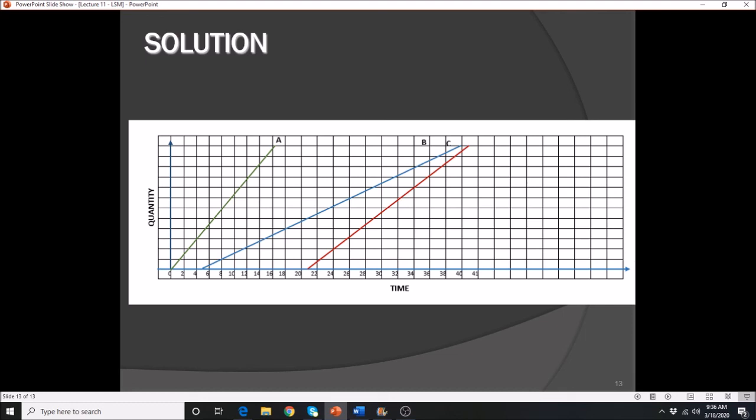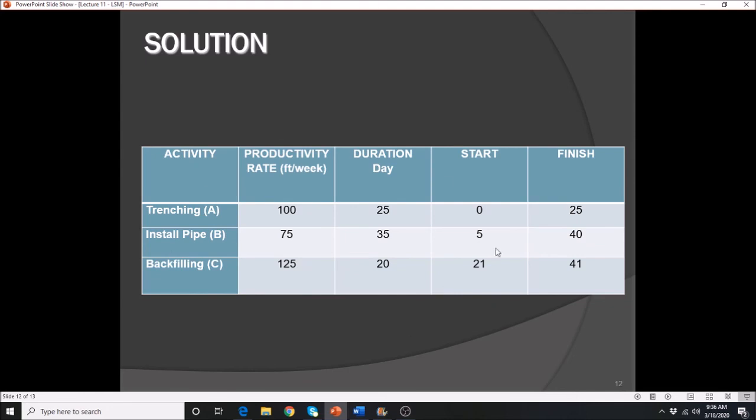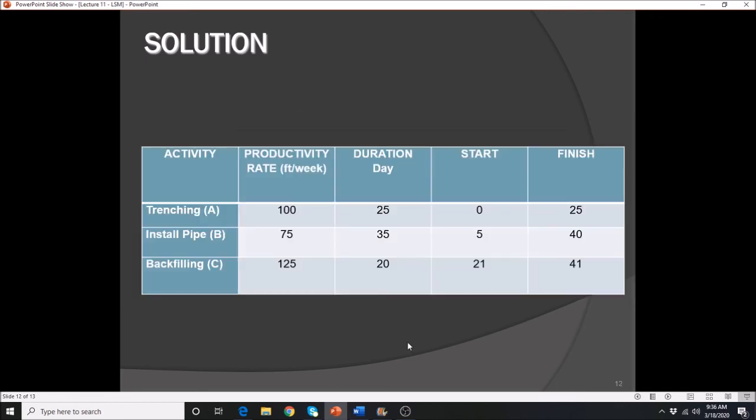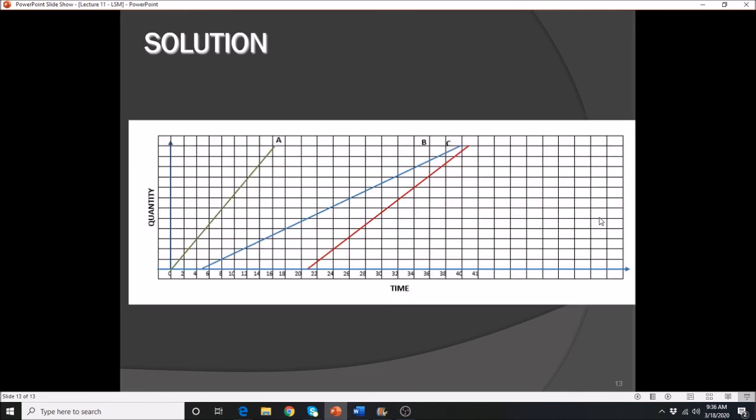Alright, so again, once you completed the table, the next thing you have to do now is to draw the line. So in this case, I have your activity A, activity B, and your activity C. So I plotted them. We have here the first one, 0 to whatever the end day, which is your 25 days. In that particular case, it should be 0 plus 25.